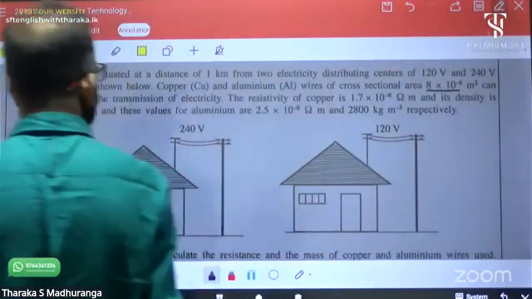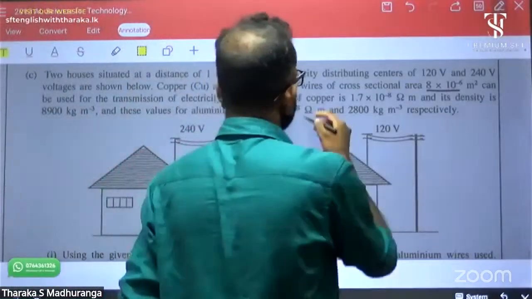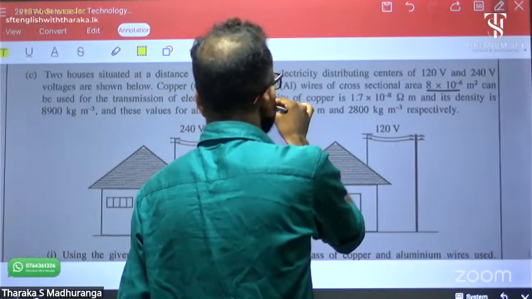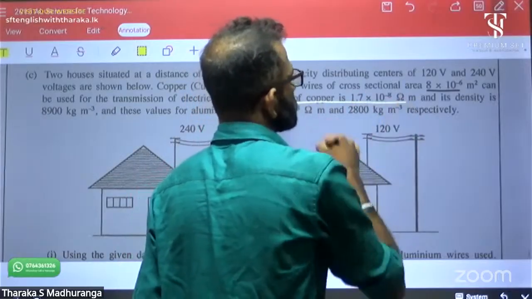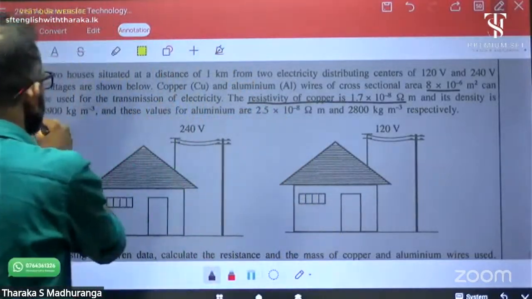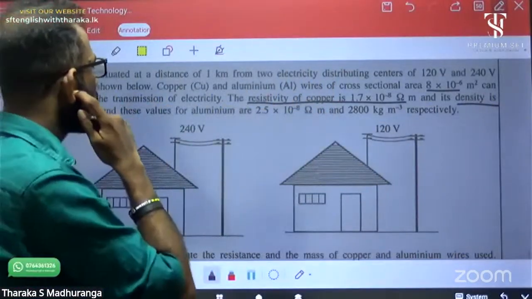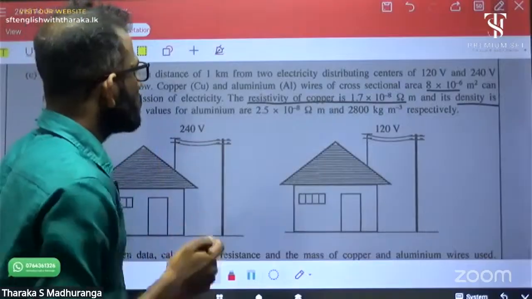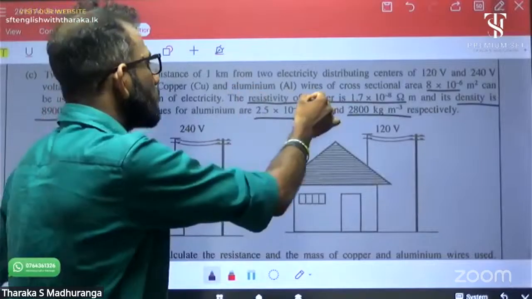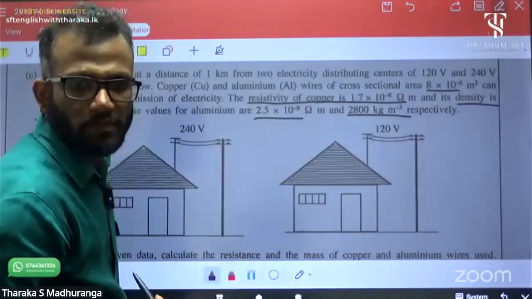The resistivity of copper, that means rho, is given, and the density of the wire is also given. Aluminium resistivity and density are also given. This is copper resistivity and density, this is aluminium resistivity and density.